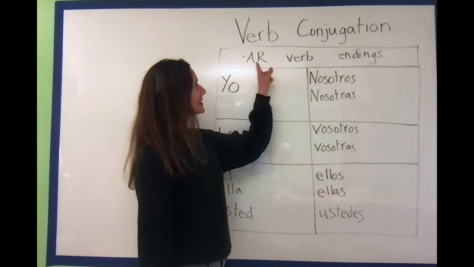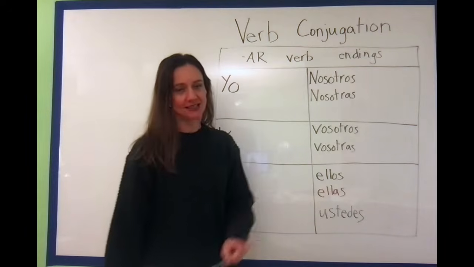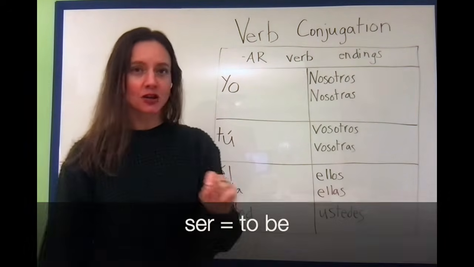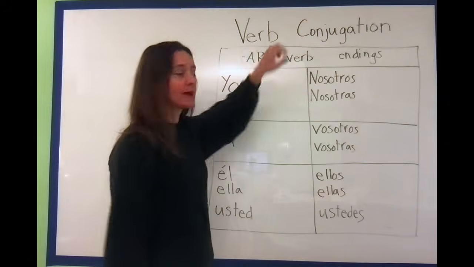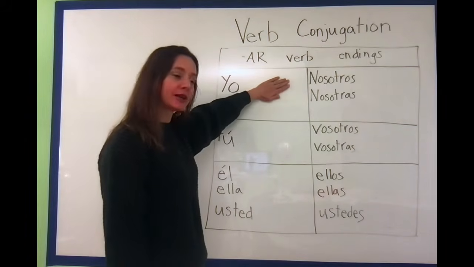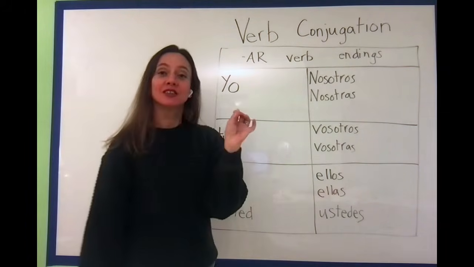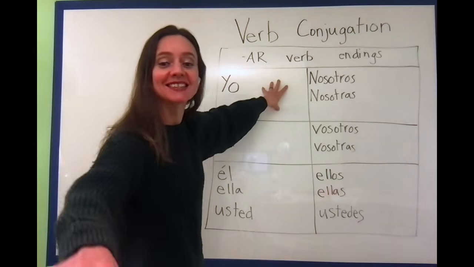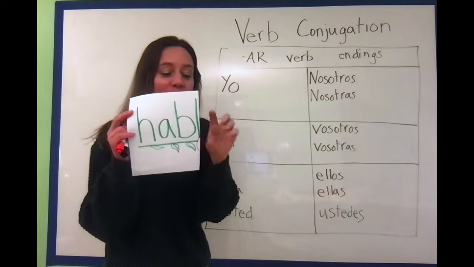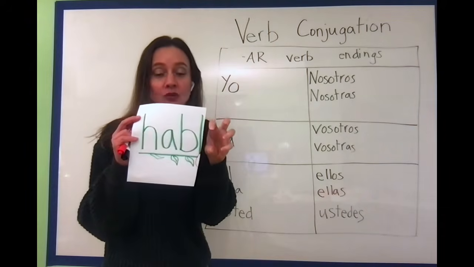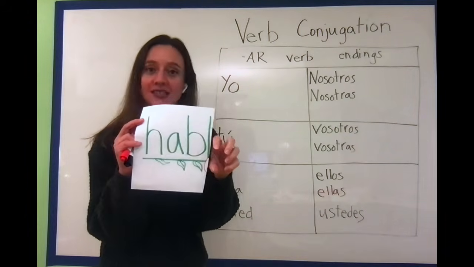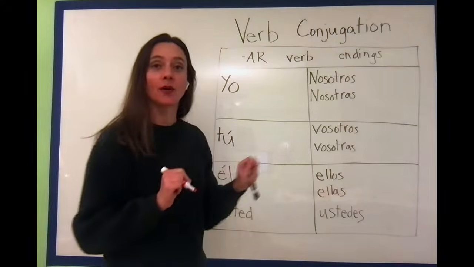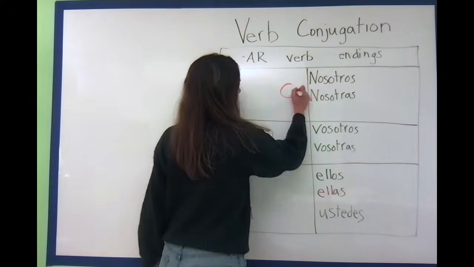And if we notice, it says AR verb endings. In the lesson about ser, we changed the verb and then we put a whole new word here. But we're going to do something a little different. What we're going to put in here is just the ending. It's going to be a new flower that could be used and get attached to the stem. So here we go. I'm going to write the endings here for you.